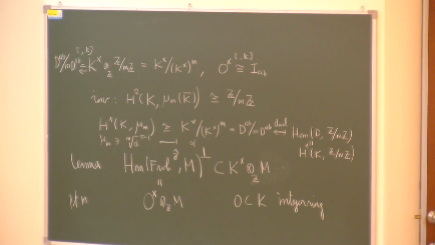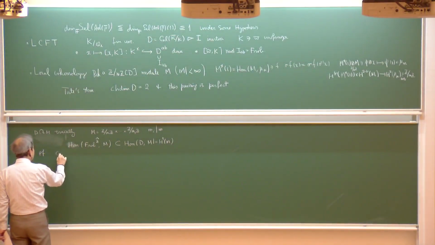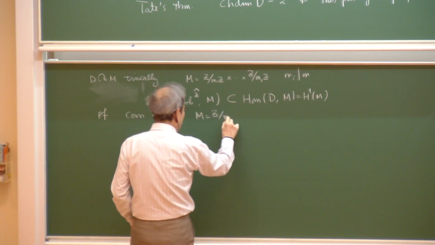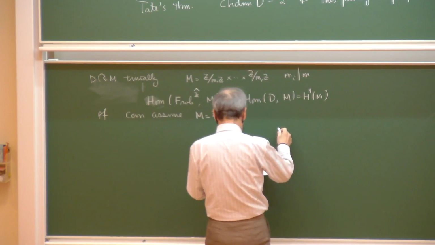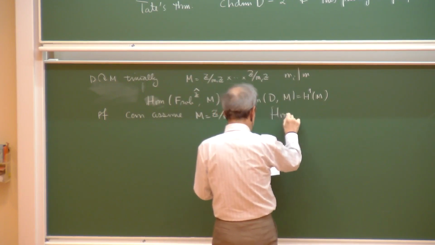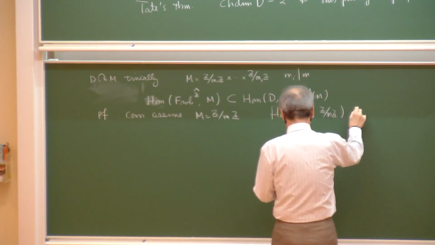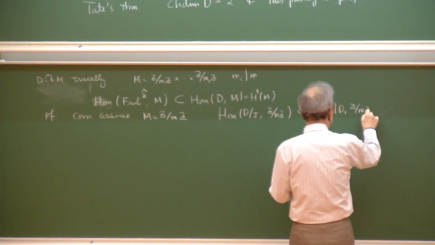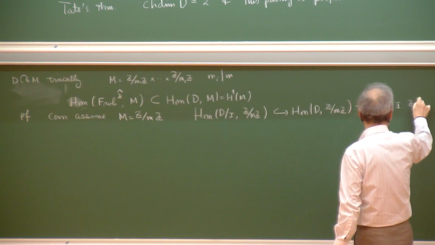Okay, the proof is easy. Let me do it instantaneously. Of course, M is something like that. You can assume that M is Z over mZ, and therefore Hom(D/I, Z over mZ) goes into Hom(D, Z over mZ), which goes out surjectively onto Hom(I, Z over mZ).